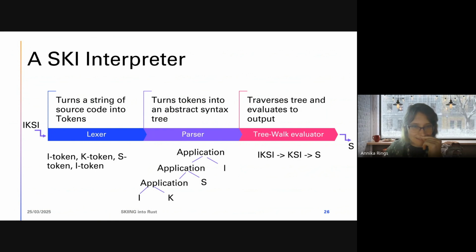In this case, the tree basically represents always the left child of any node applied to the right child. And then at the end, this tree is traversed, and we produce an output, which is also still a string in the SKI system, but potentially a simpler string, ideally the simplest possible, so that string that can no further be reduced.